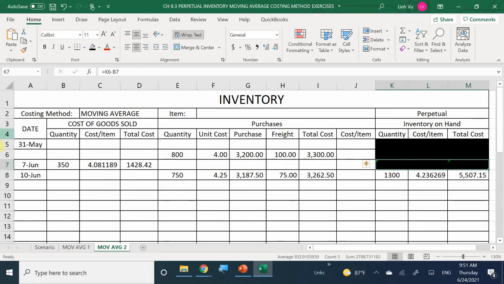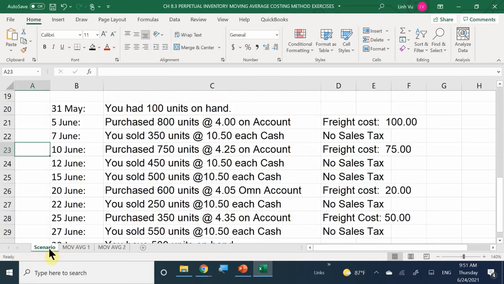So now that I have a total of 1,300 goods available, let's see what happened on the 12th of June. How many items did I sell on June 12th? We sold 450.